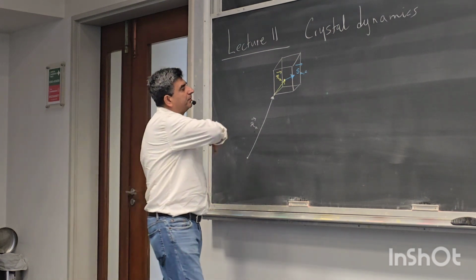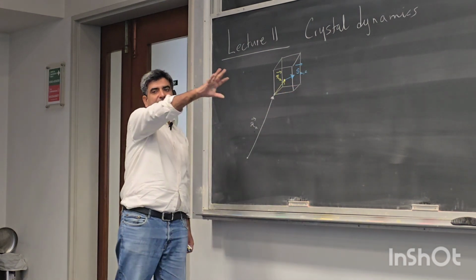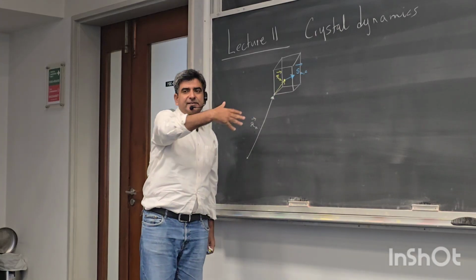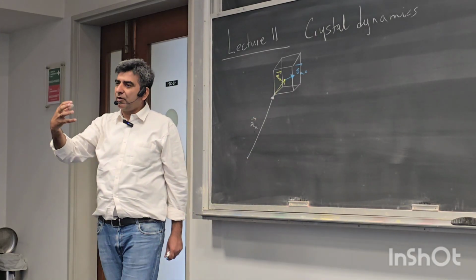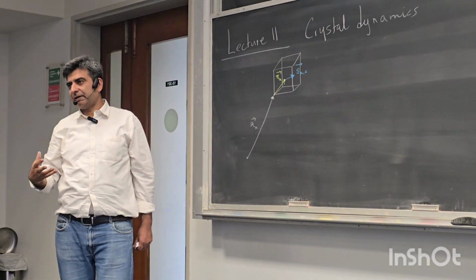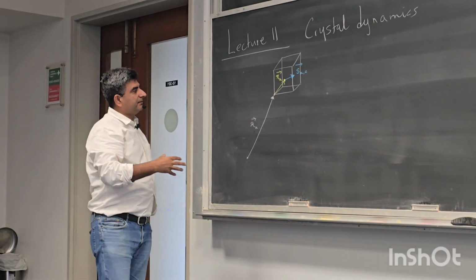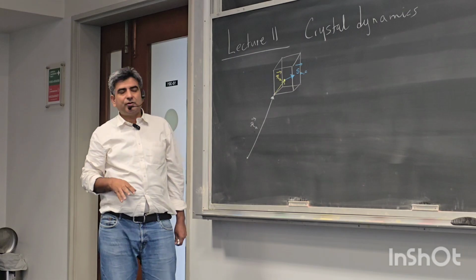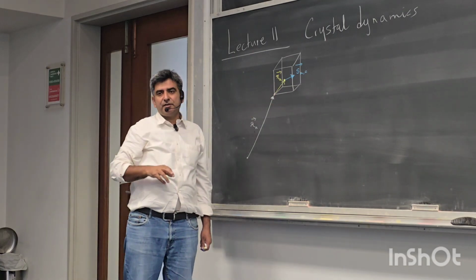Now n can be a very large number, A is an index that runs over the number of atoms that exist inside the unit cell, and S is some displacement, and all of this could be three-dimensional. These vectors could be three-dimensional.